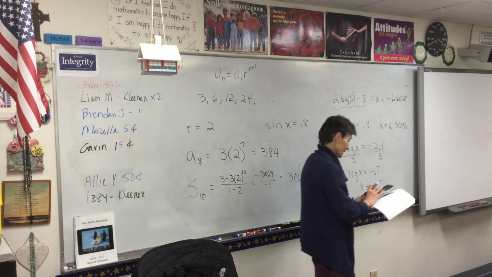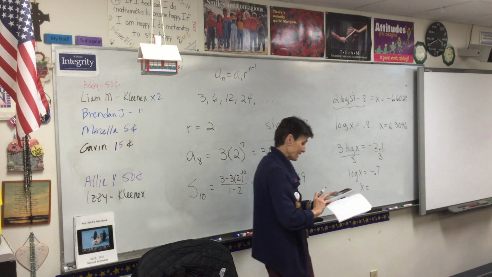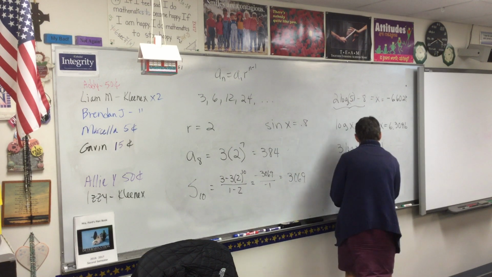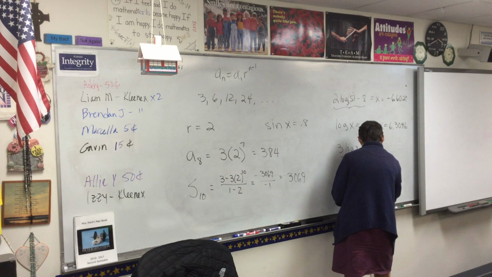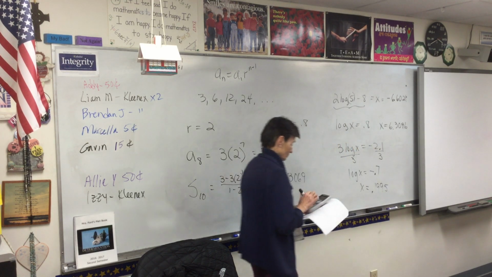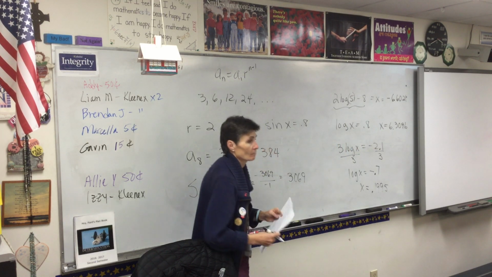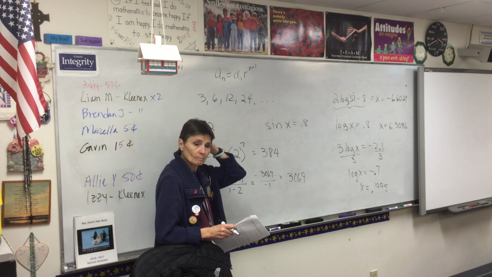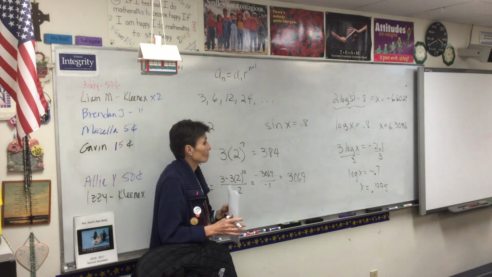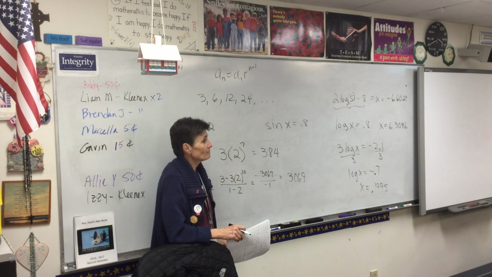Same thing, so second log negative 0.7. And I got 0.1995. Everybody good with that?